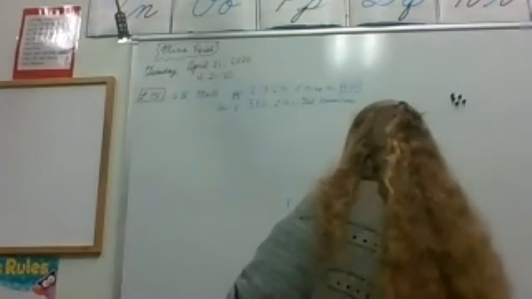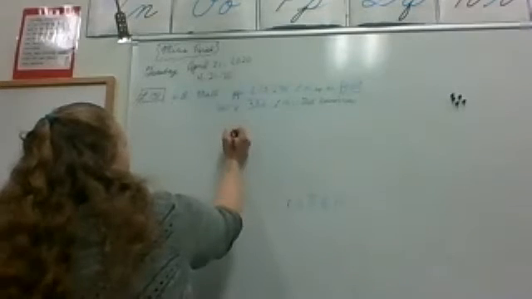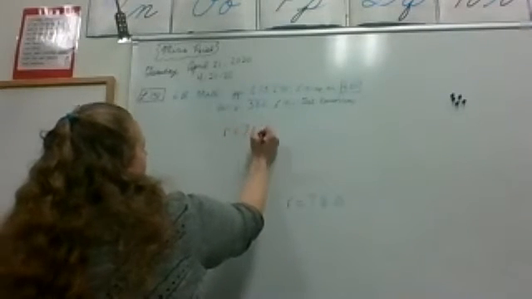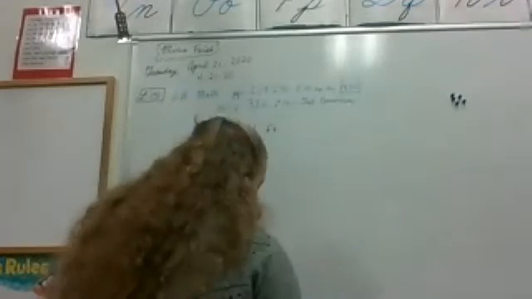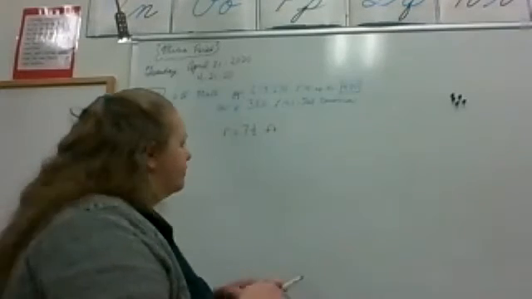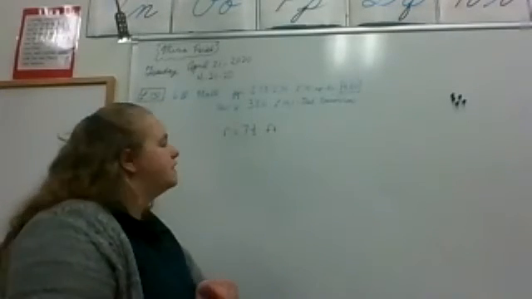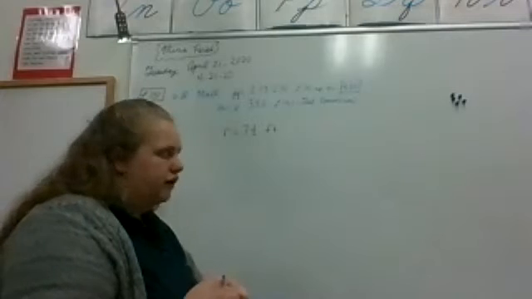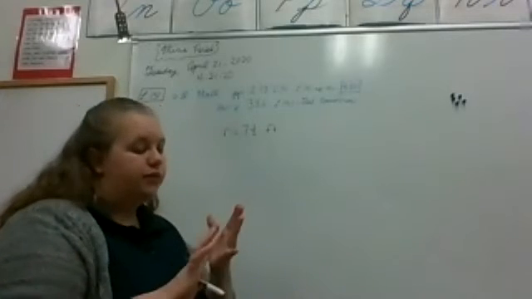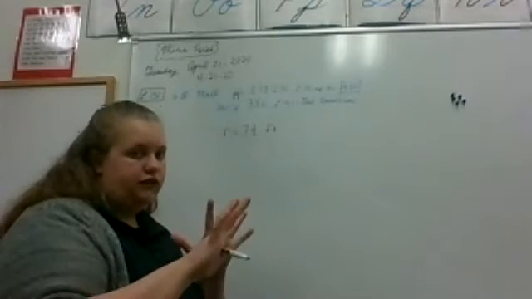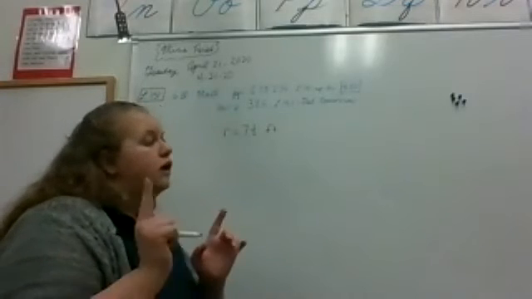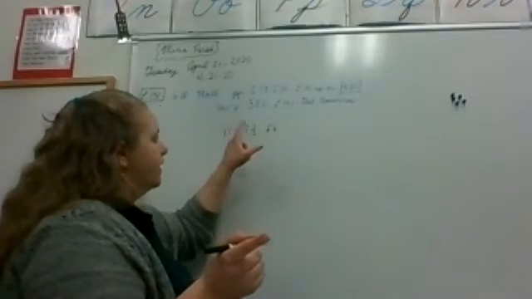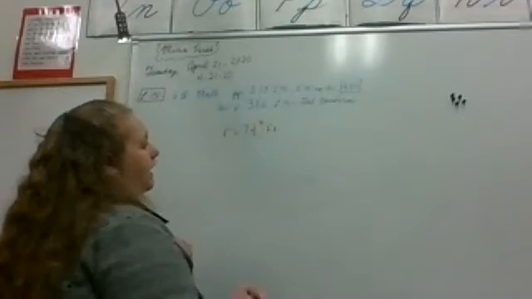All right, so if r is equal to 7.5 feet, with these, another thing that I noticed on your test is that many of you did not label your answers. So either you didn't put feet, meters, inches, yards, or you didn't put the squared, or you put the 2 and you squared it by the number.